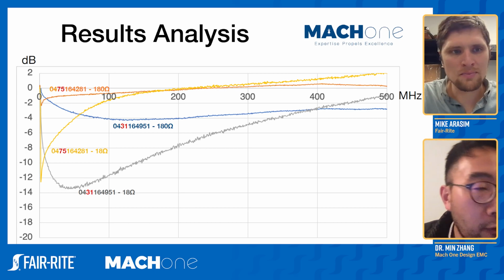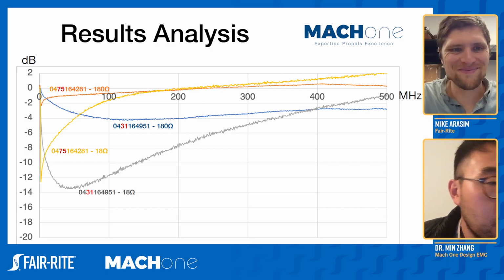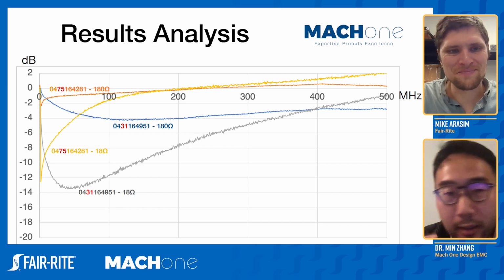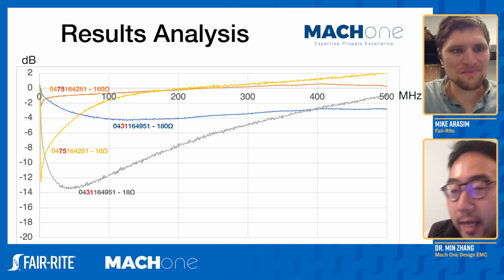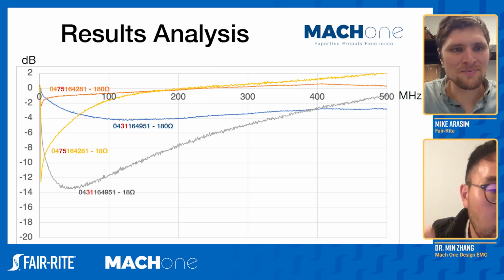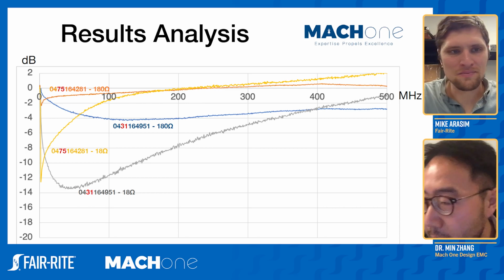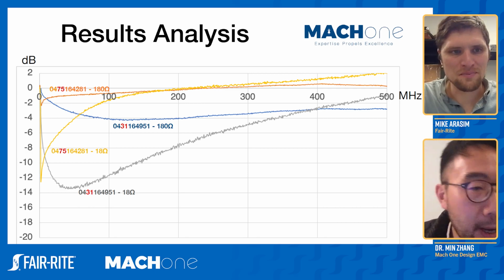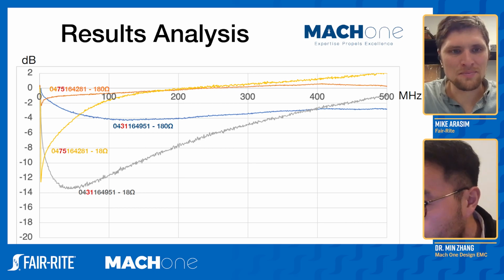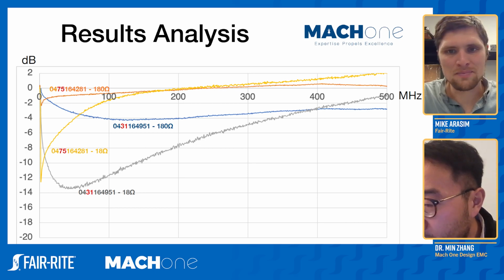That often explains why sometimes engineers say, well, I tried the right material in the right frequency range, but I only see 1 or 2 dB reduction. The chances are he or she has a high impedance circuit there. Therefore, at this low frequency, you put on a ferrite core, it simply cannot achieve the same effect as compared to a lower impedance circuit. And the same applies for the 31 material.